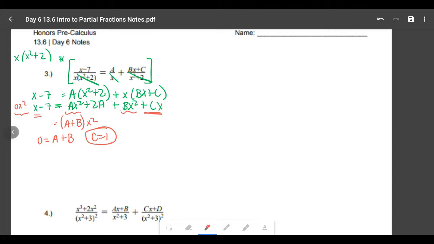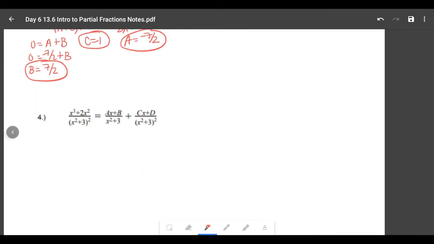And then if I look at the constant, that is equal to 2a equals -7, which means that a is equal to -7 over 2. And then I just need to go back and substitute -7 over 2 plus b equals 0. And so b is equal to +7 over 2. That's the end of that problem.